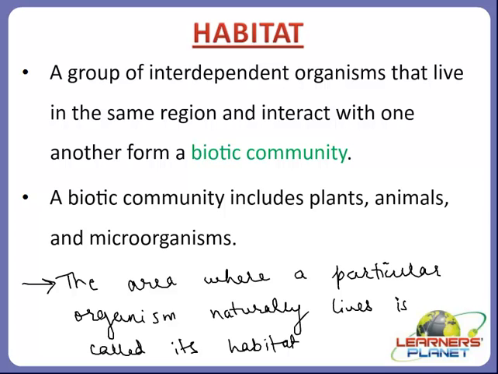So, an organism's habitat includes abiotic components such as temperature, light, air, water, and soil. And so we can conclude that there is a close interaction between living organisms and these abiotic components.